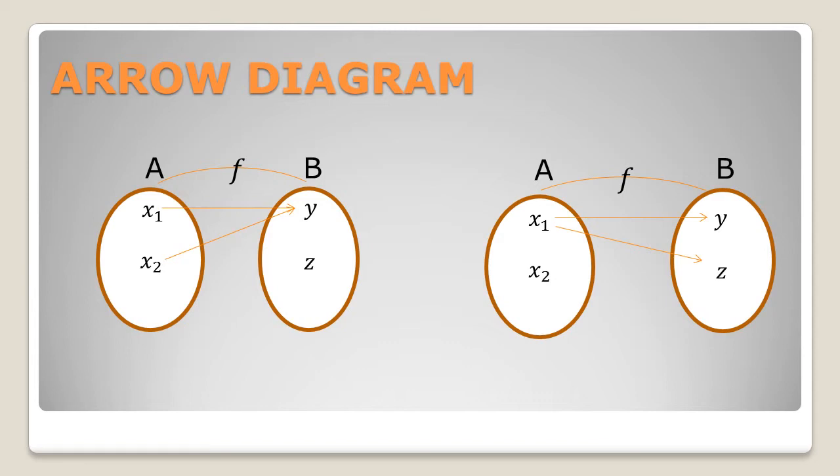Means any two or more elements of the domain can have the same image in the codomain, but a single element of the domain cannot have more than one image in the codomain. So the first one is correct, but the second one is not correct for a single valued function.